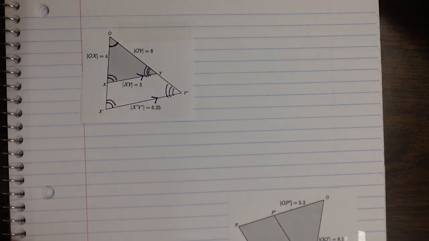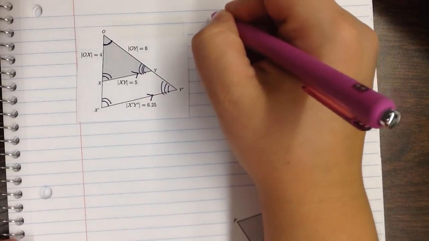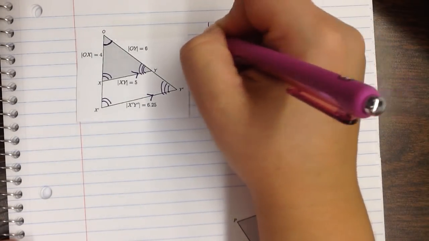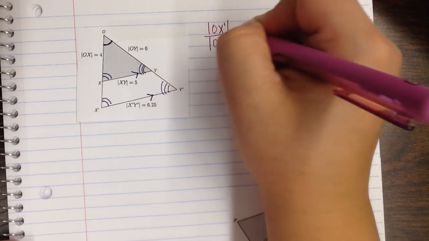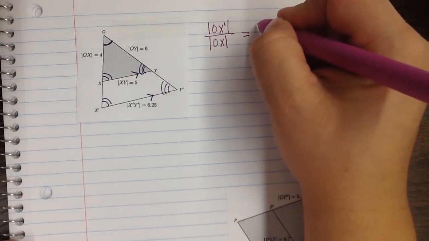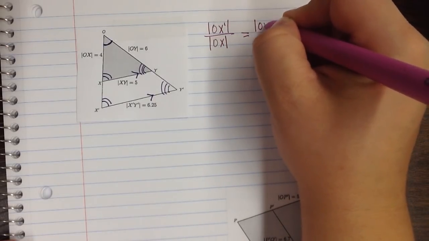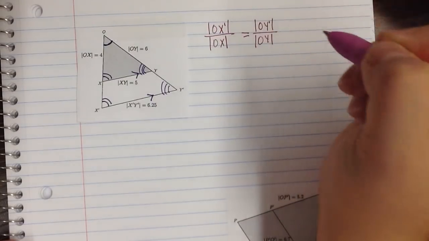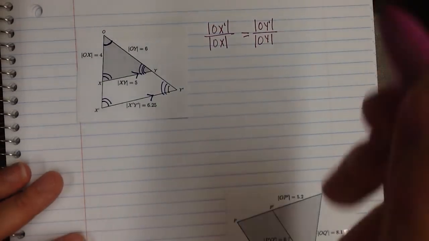Let's change colors. The distance from O to X' compared to the distance from O to X equals the distance from OY' compared to the distance from OY. So let's plug in here.